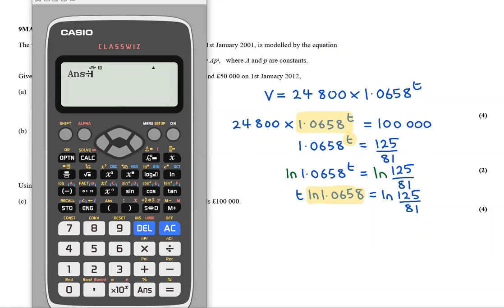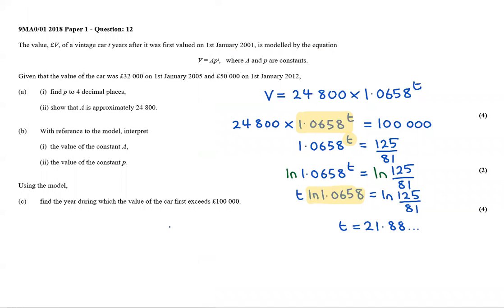I can then divide that by the natural log of 1.0658, close the bracket, and this will be my value of T. So we've got T is equal to 21.88, plus some extra stuff. We don't have to worry about accuracy here, but we know that after 21.88 years, the value of the car will reach the £100,000 mark.